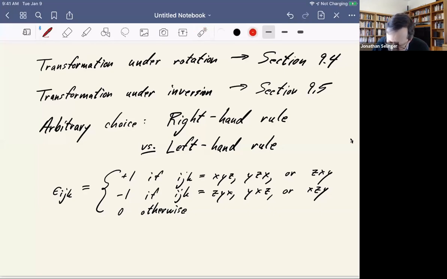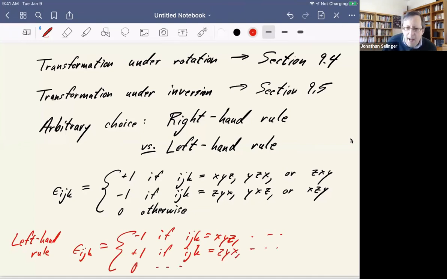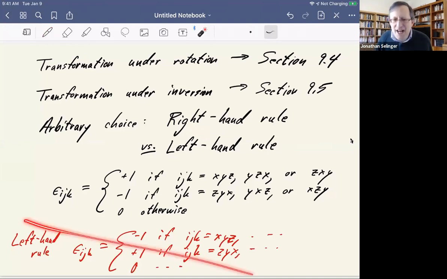So with the left-hand rule, epsilon ijk would be -1 if ijk is x, y, z, etc., +1 if ijk is z, y, x, etc., or 0 otherwise. Nobody actually uses this. It's like an international treaty, sort of, to use the right-hand rule. So don't actually learn that, but we could, in principle, use it.